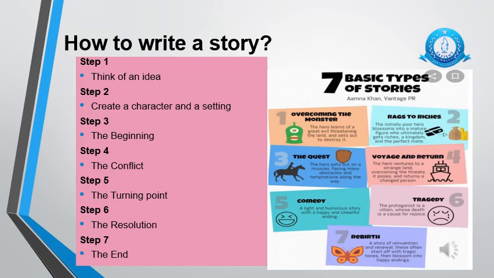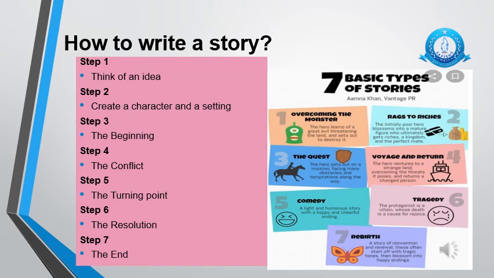The first step is think of an idea. What does this mean? It means that for writing a story, an idea should be there in your mind. When you sit and start writing your story, you should have an idea of what you are writing about. And for this reason, I have told you so many times to start reading books.